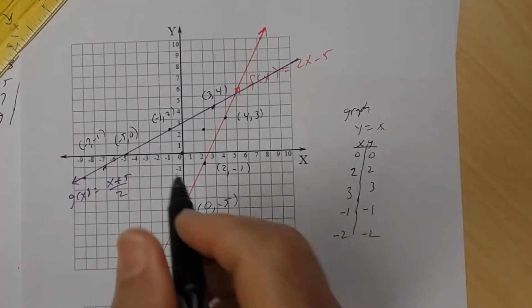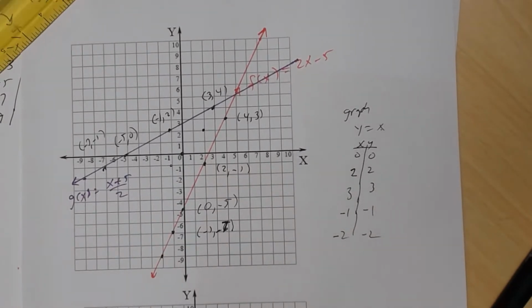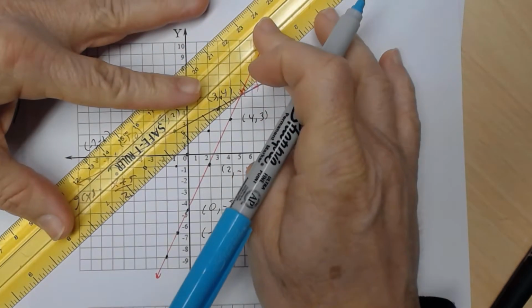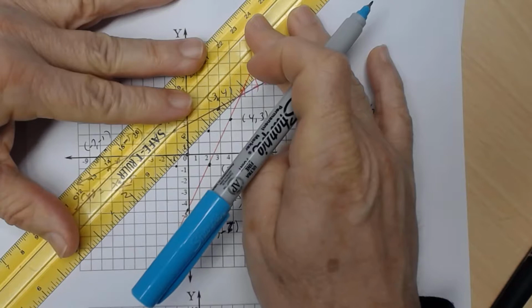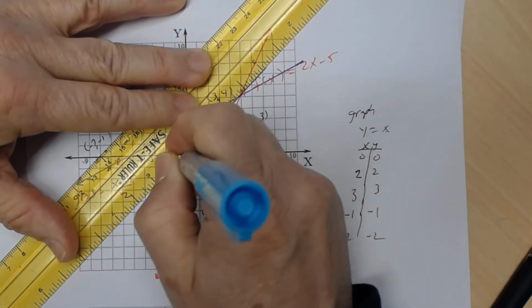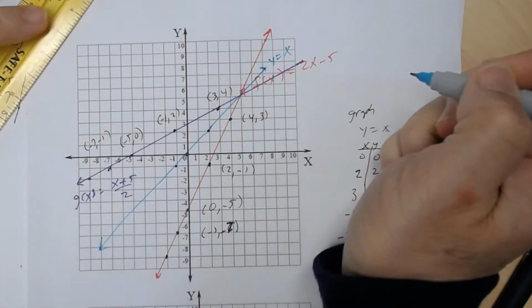So if x is -1, y is -1. Let's do a light blue color, and I get this. So this is the line y equals x right here.